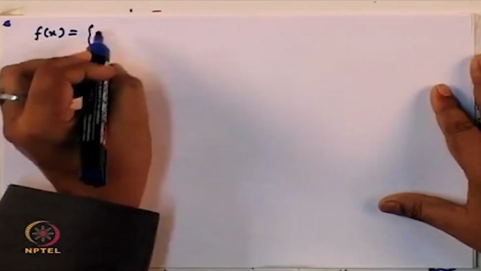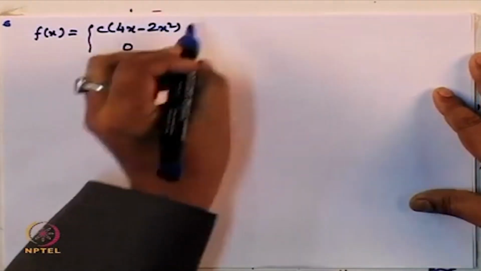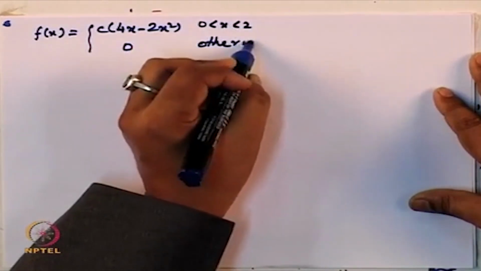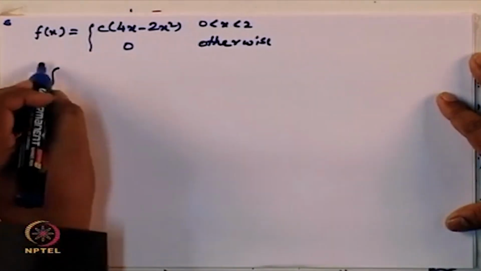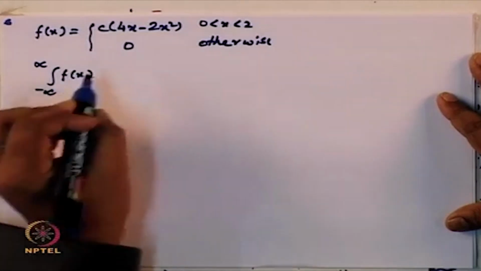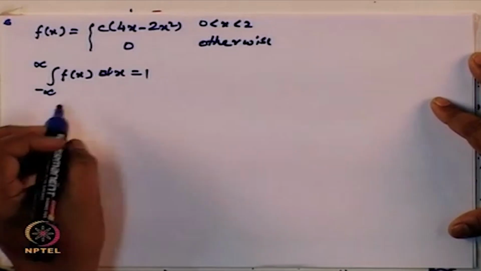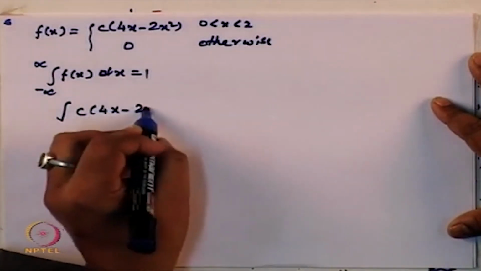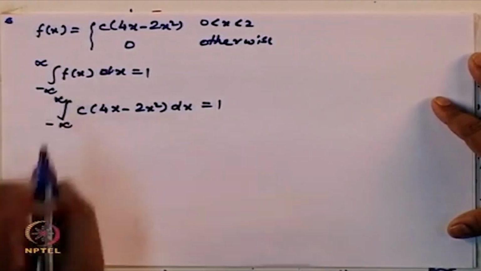So, I have been given f(x). I must have this constraint satisfied at all conditions. I can plug the values here. So, I have the integral of c times (4x minus 2x squared) dx equal to 1 from minus infinity to infinity.